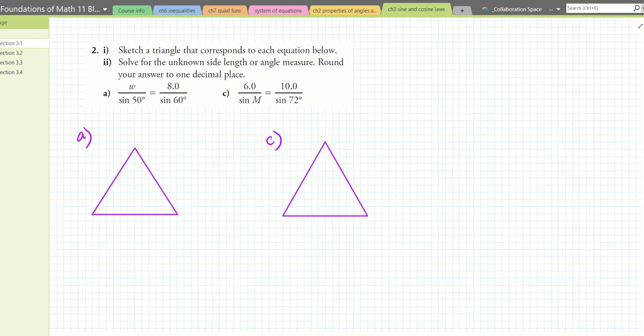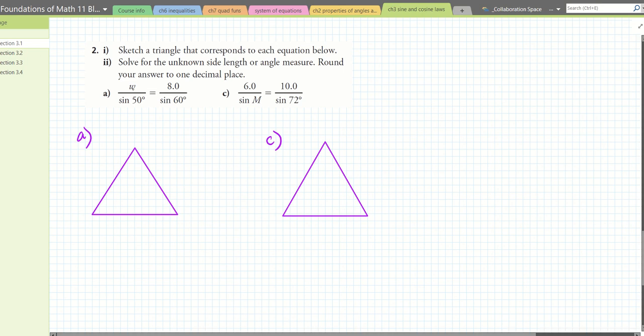So in this case, A, we have W over sine 50 and then 8 over sine 60. So in order to sketch this, start with the unknown. The unknown is the side, so it's a lowercase w, right? So that's going to be W. Then the sine 50 has to be opposite. So this is going to be opposite to it.